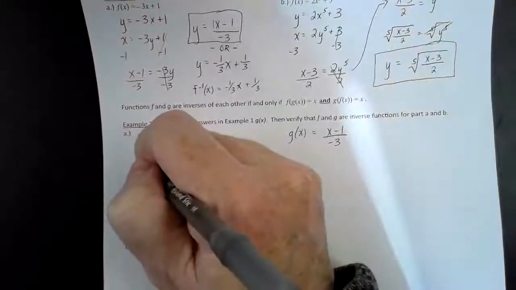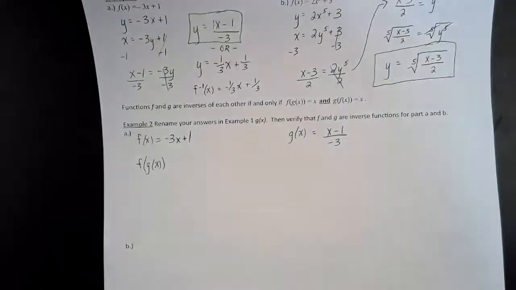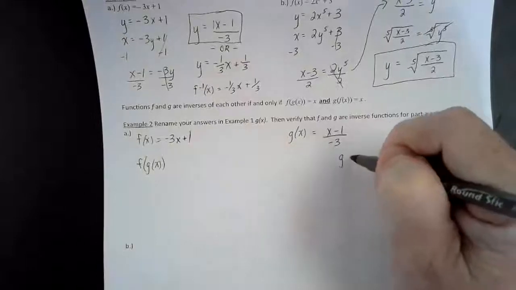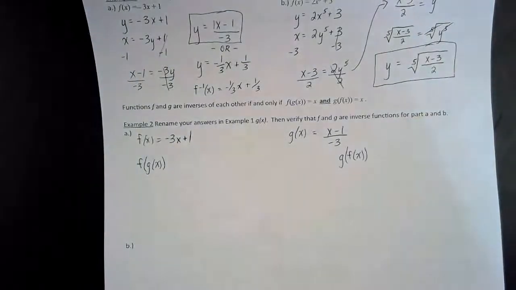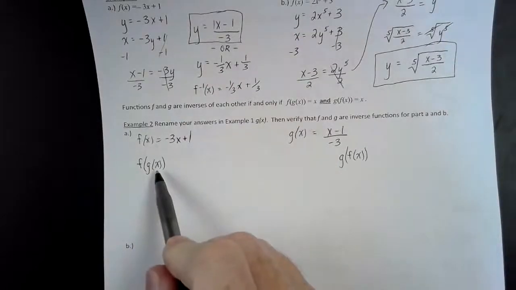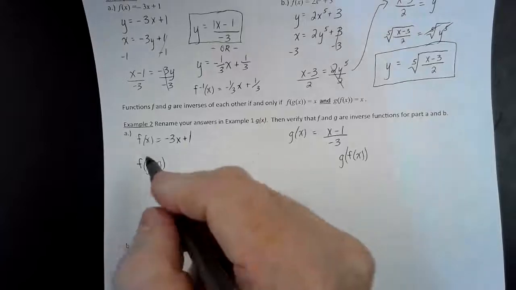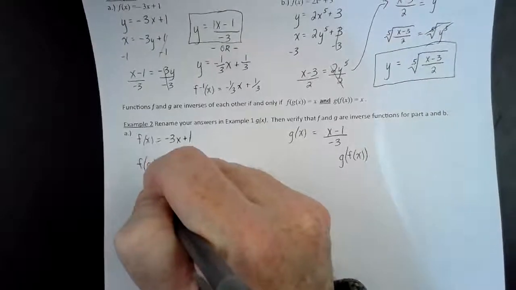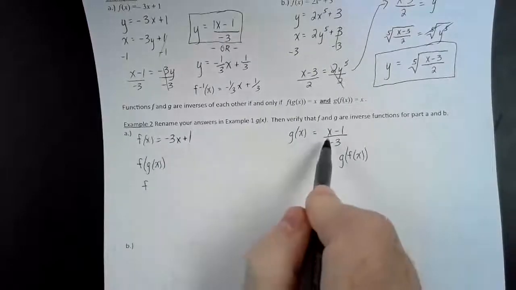Let's start with f of g of x, and then we would do g of f of x. Doesn't matter the order you do it. So g of x is the innermost one. F of, and you can't simplify this, so g of x is that.